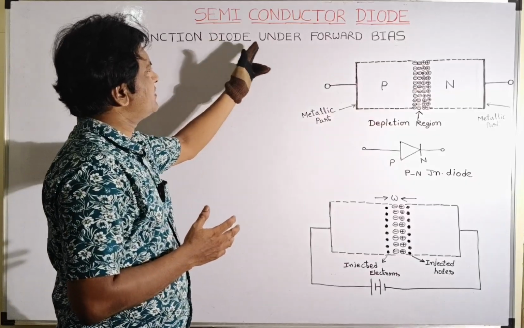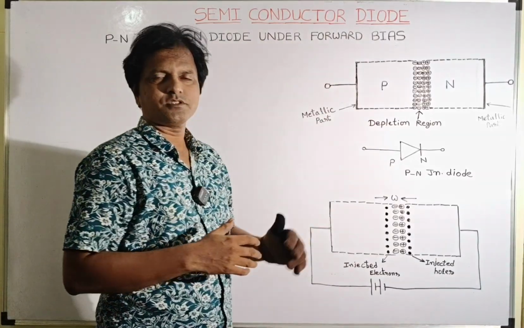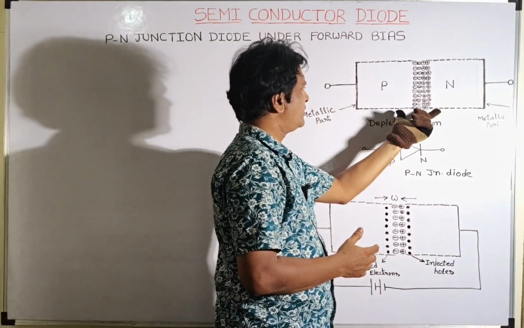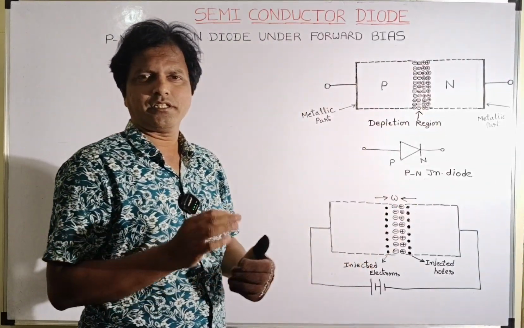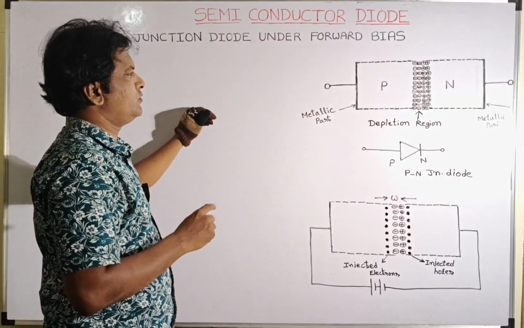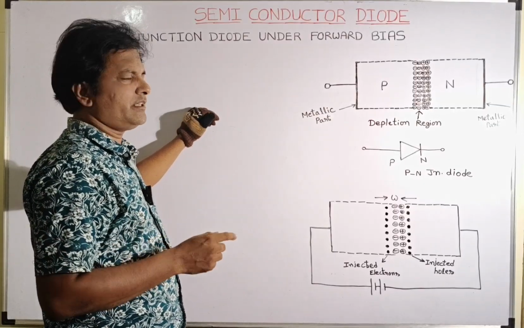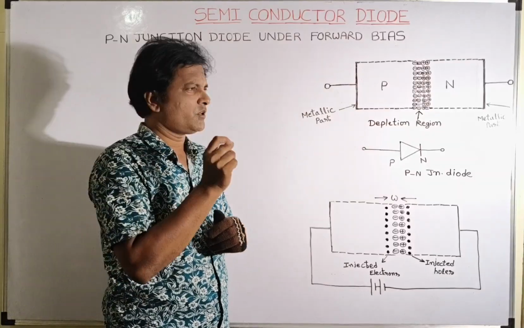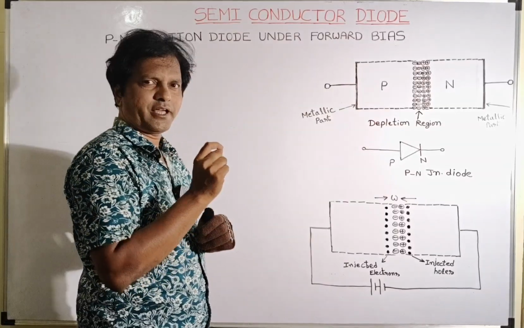So, now we consider what is biasing. Biasing means we apply an external voltage to this p-n junction diode. So, di means two, there are p material and n material. There will be a thin wafer layer of very small thickness, almost in nanometers.